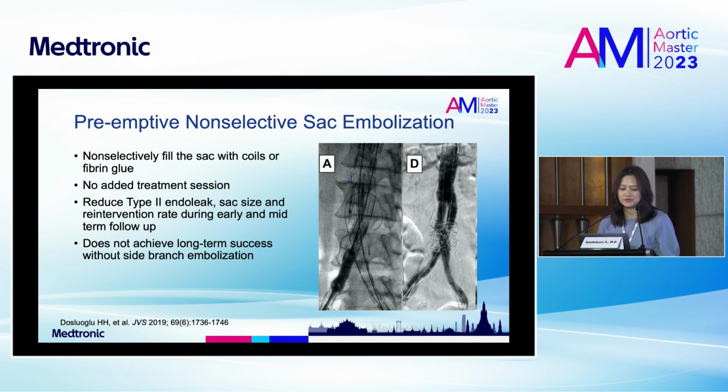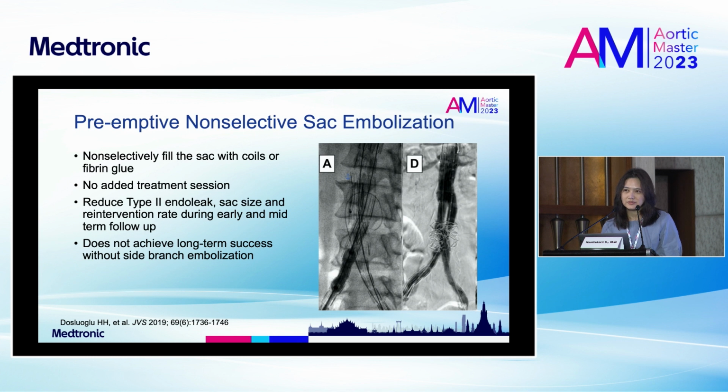Another preoperative measure is the preemptive non-selective sac embolization. This technique fills the sac, outside the graft, with embolic agents such as coils or fibrin glue, using the guide wire that was left outside the graft.